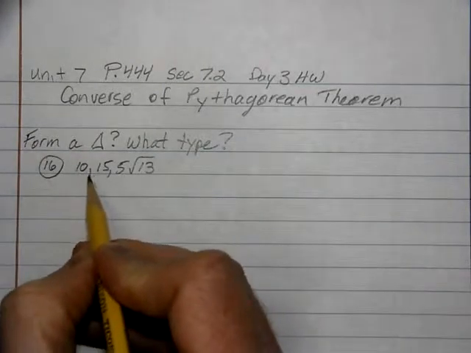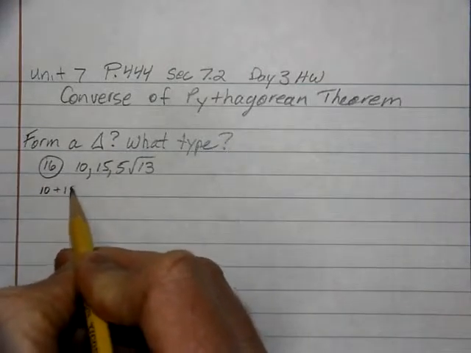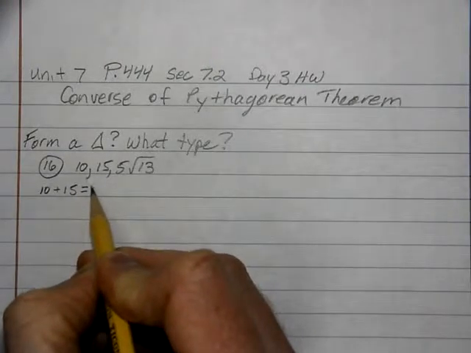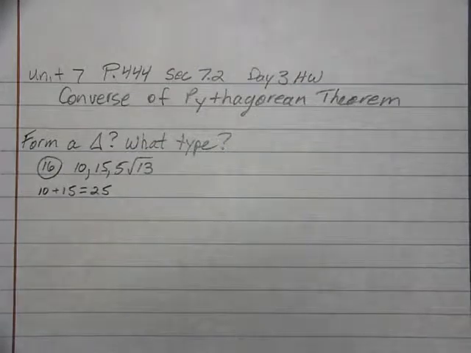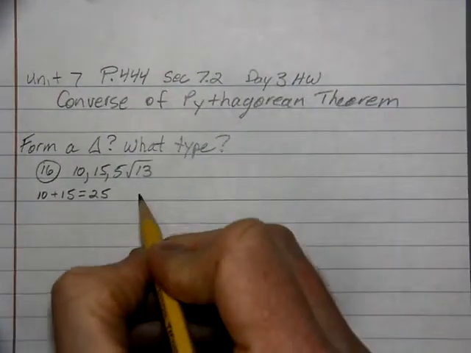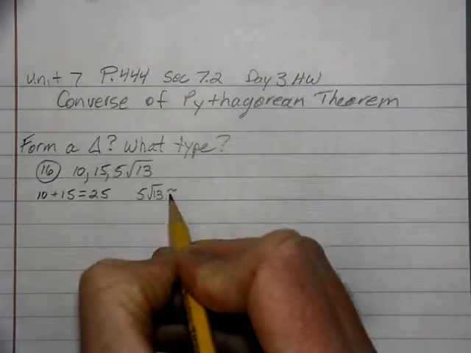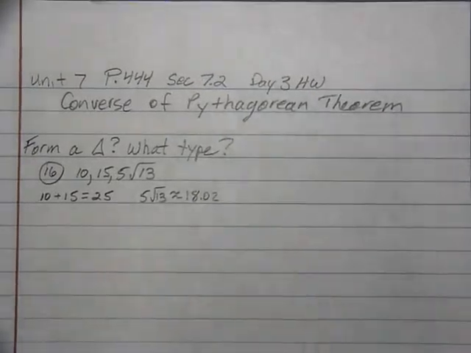So the two smaller sides have to add up to be bigger than the longest side. So we add up to 25. A calculator can be helpful to know that 5 square root 13 is approximately 18.02.